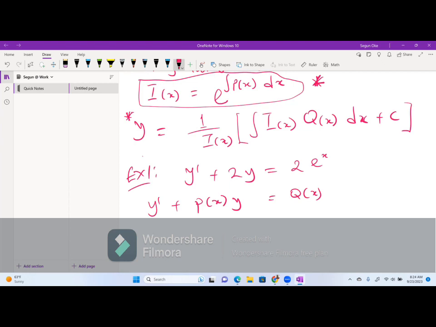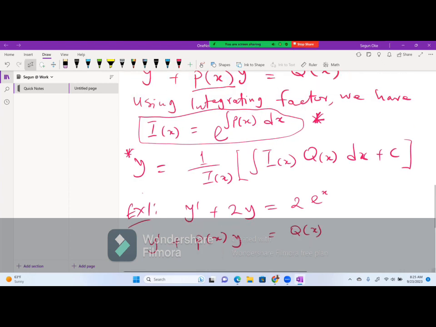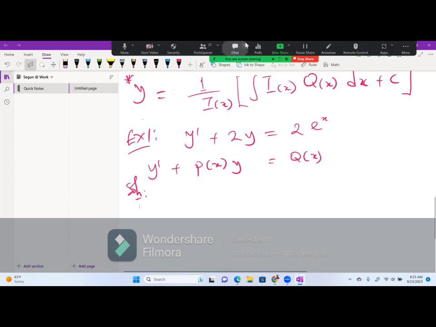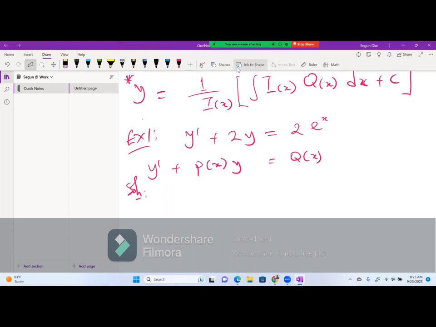So in this case, what is p of x for our integrating factor? Anybody? p of x is 2y? Nope, you are almost there, but no. p of x is 2.